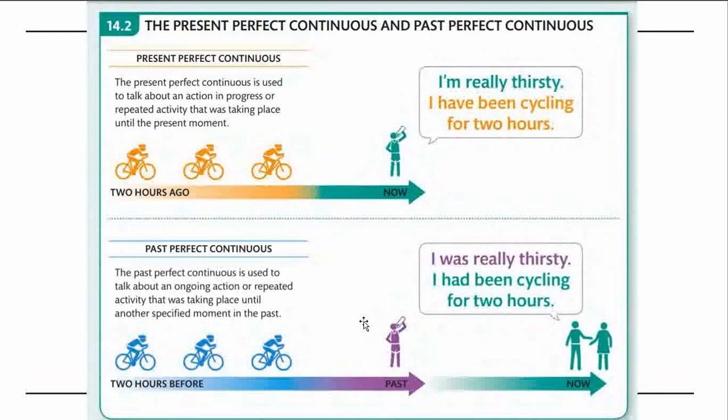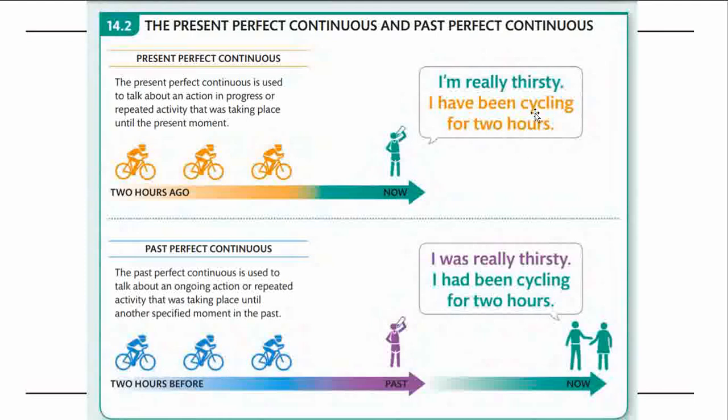That means some other activity took place in between in the past. So if I were to mention, now we are in the present zone. If we go back on the timeline, we'll see the closer activity, I was really thirsty, and further down for 2 hours before, I had been cycling for 2 hours.